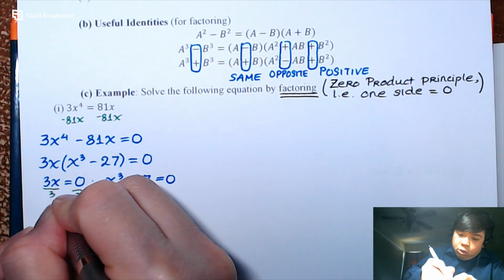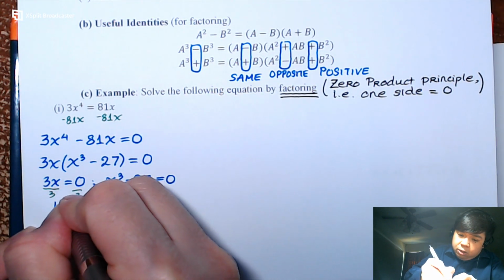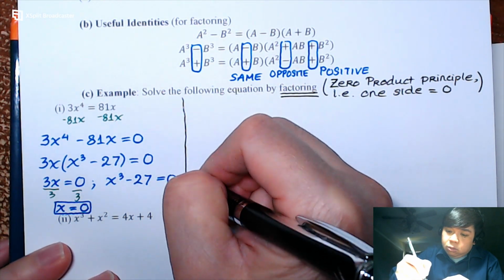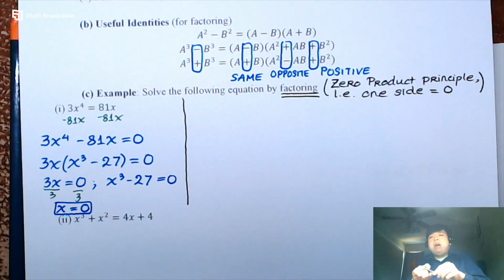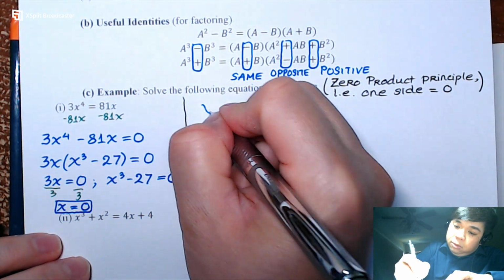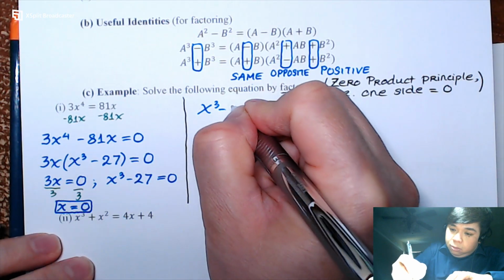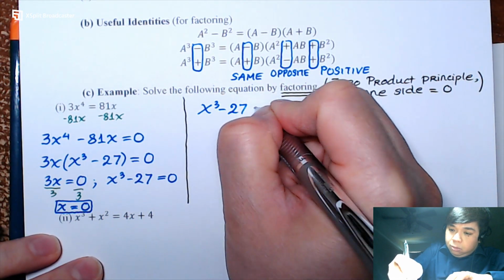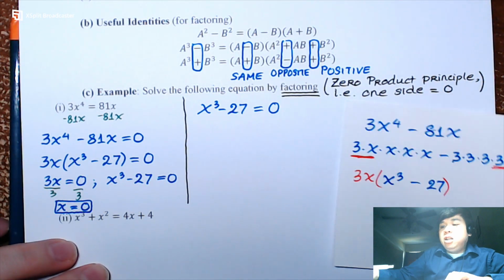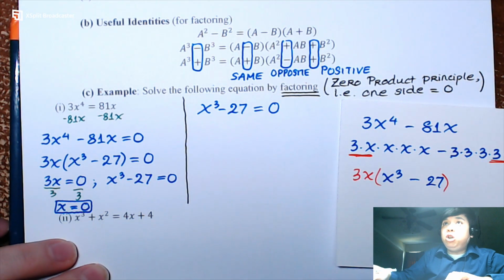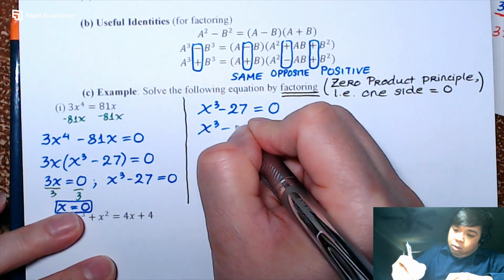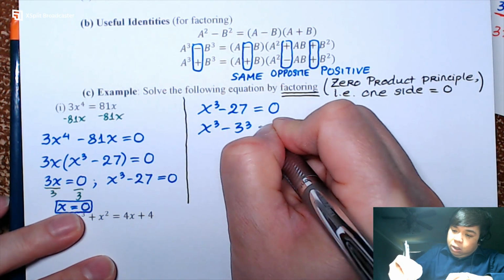So that's the first solution, x equals 0. Now we have x cubed minus 27. The 27 we said earlier is 3 times 3 times 3, so that's 3 cubed. So we can write this as x cubed minus 3 cubed equal to 0.